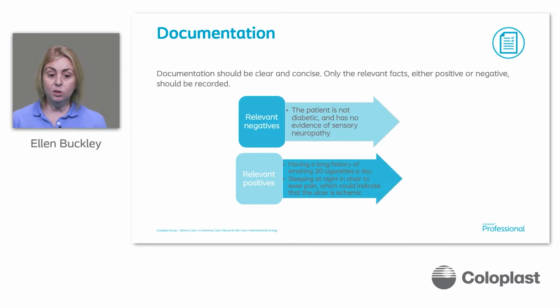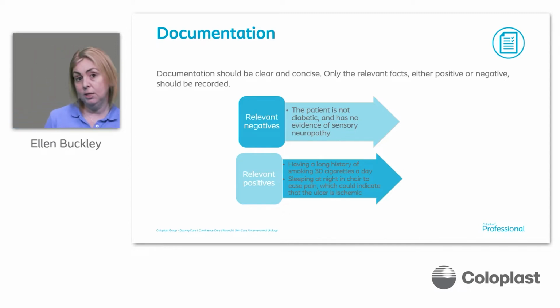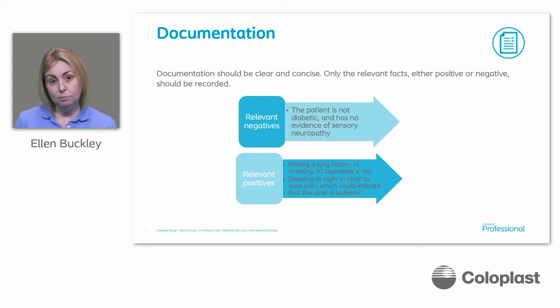And then we think about our documentation. We've gathered lots and lots of information, and we need to make sure that it's documented in a clear and concise way. We only want to document the relevant facts as part of that wound assessment, because if we document facts that are not relevant, sometimes that can put us off on a tangent or take us down the wrong path, or make us a bit confused about what it is that we're trying to achieve.